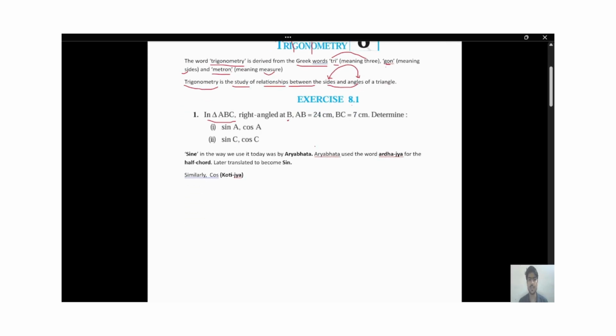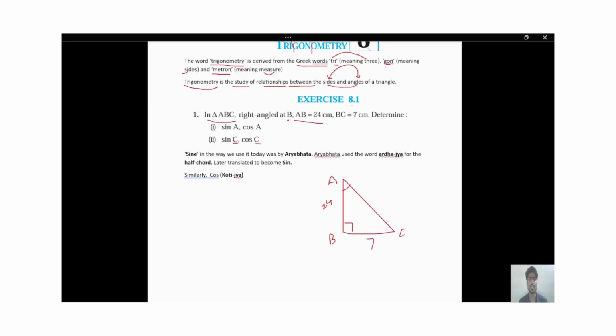In a right angle triangle, let's make a right angle triangle like this, which is right angle at B. Let's call this A, this B because this is the right angle, and this is C. We have been given AB equals 24, BC equals 7. So we have to find sine A, cos A, sine C and cos C.